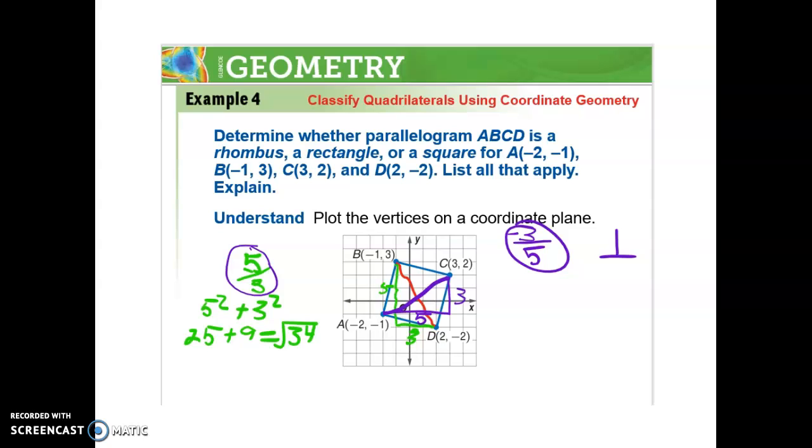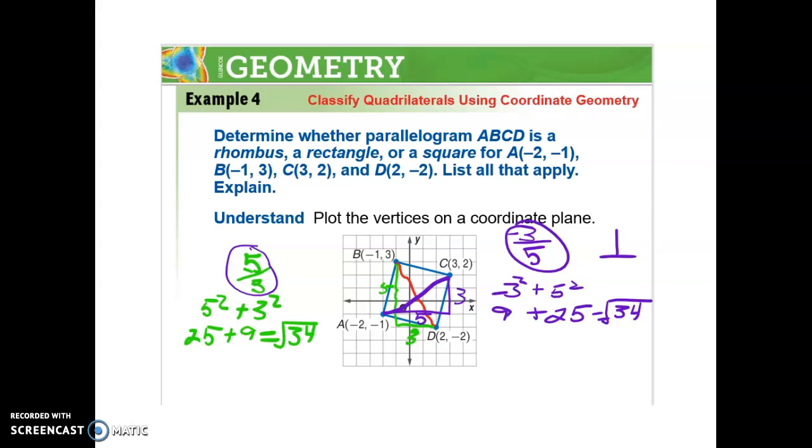So the first one goes. And then we have the same thing here. Even though it's a negative 3, we can still do negative 3 squared plus 5 squared. Anytime we square a negative, it turns positive. And 5 squared gives us 25. Again, 9 plus 25 equals 34, and we take the square root of it.